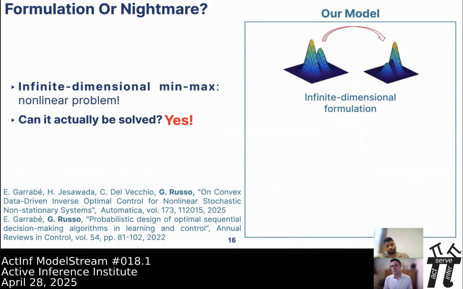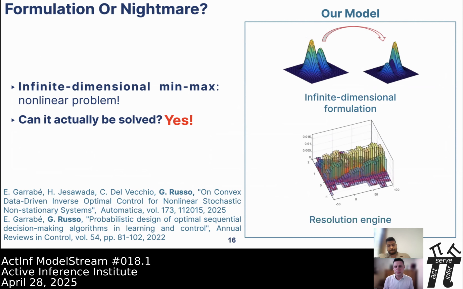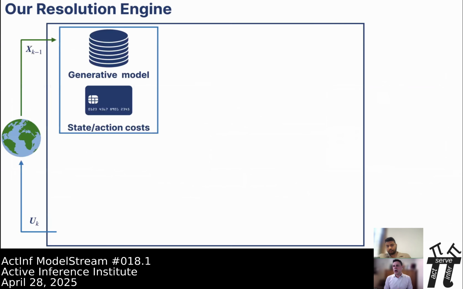Actually, the big step in the preprint online is that this problem can be solved. And this gives us the resolution engine. The resolution engine is the software tools and mathematical methods that make it possible to solve that big optimization problem and compute a policy effectively. So how does it work?